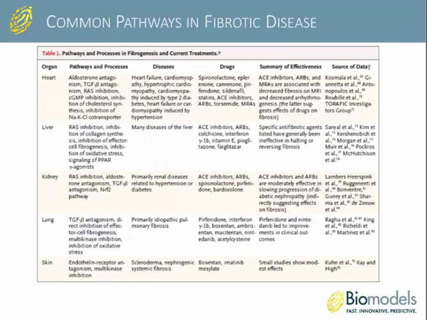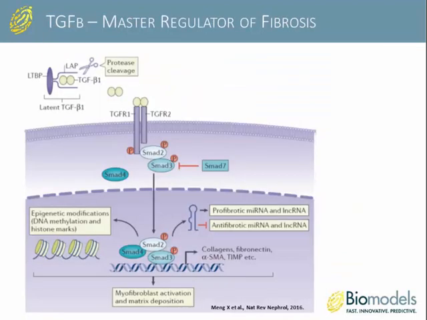So looking at this figure here, it's quite a busy slide, but as you can see, there are many common pathways in all of the different fibrotic diseases, namely one being TGF-beta. And TGF-beta is considered one of the master regulators of fibrosis and also a normal component of the wound healing cascade.